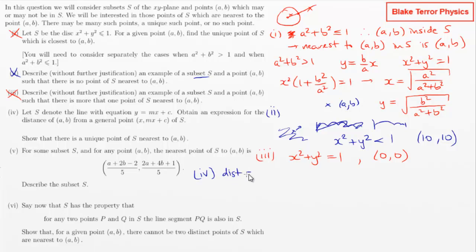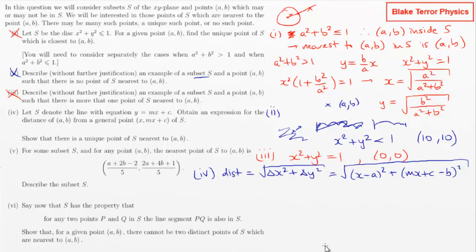So the distance is going to be the square root of the change in x squared plus the change in y squared. This is going back to when we were 14 or something doing this. So that's the square root of (x minus a) squared plus (mx plus c minus b) squared.